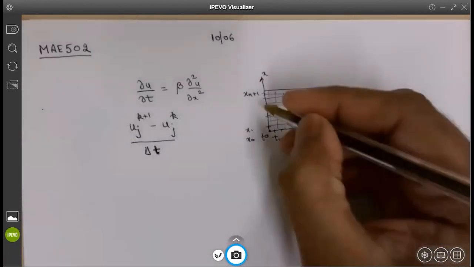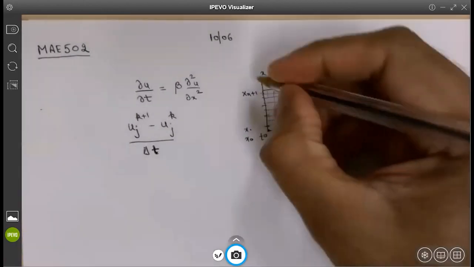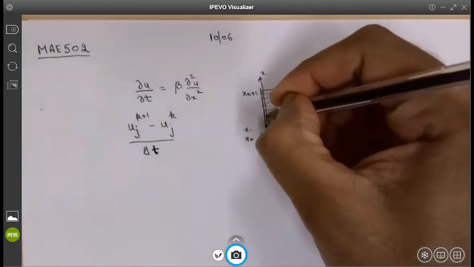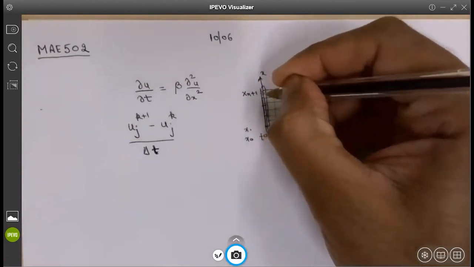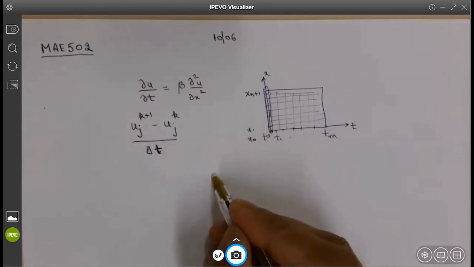And what each point represents is this: at time t equals 0, all the points on this grid define the temperature distribution, or the variable distribution, for that physical domain.